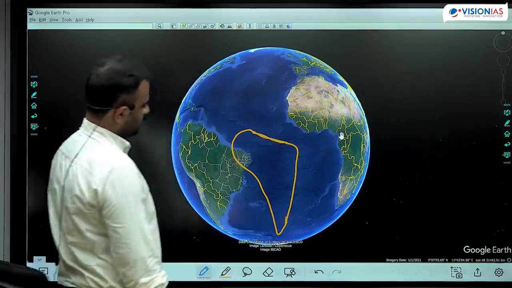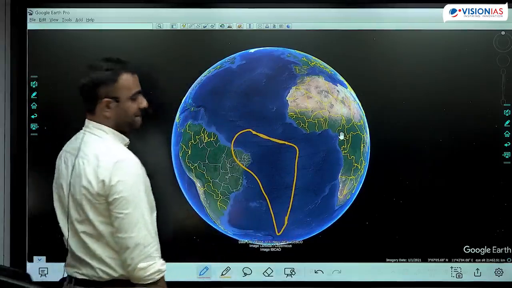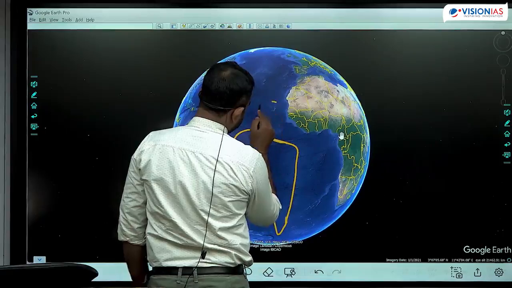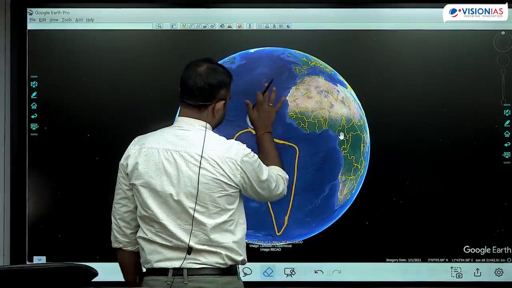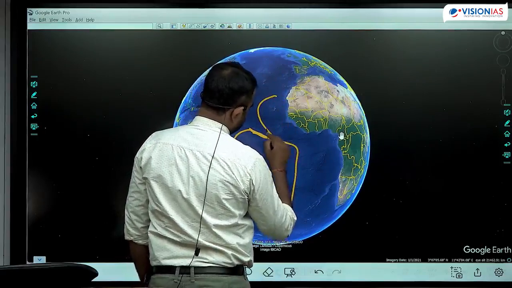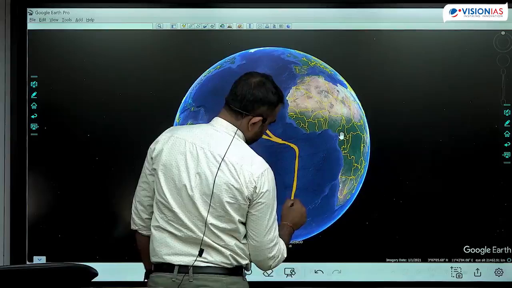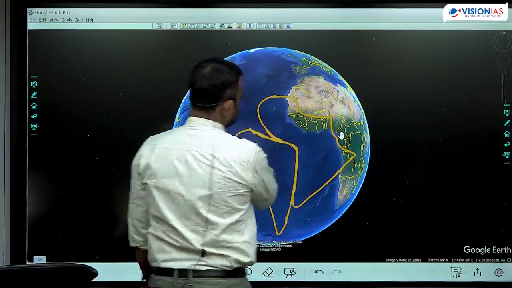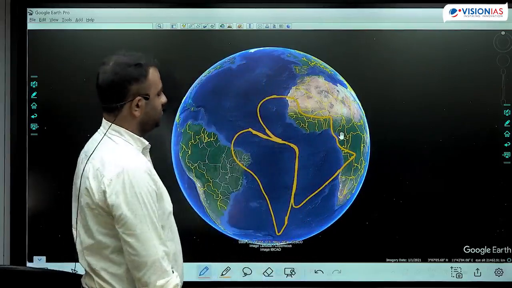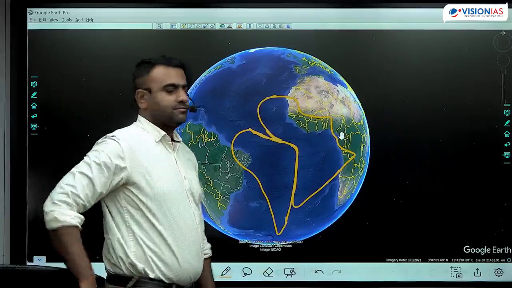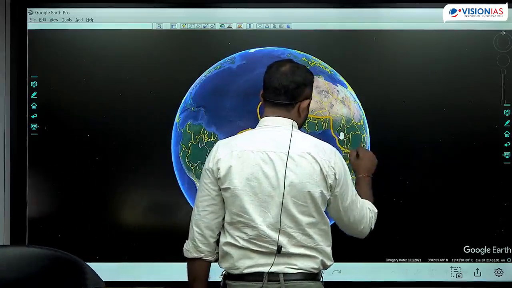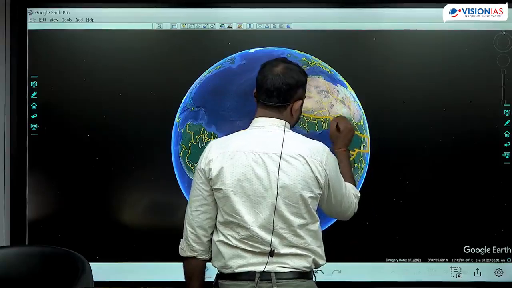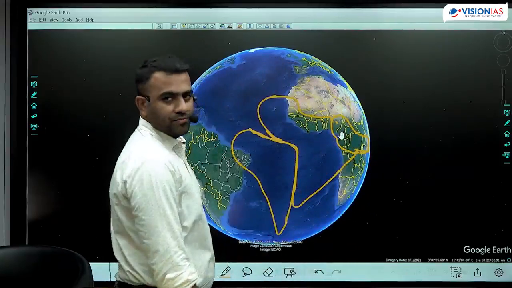This is where South America was earlier. This was Africa earlier. In fact, Africa had this entire Arabia attached.